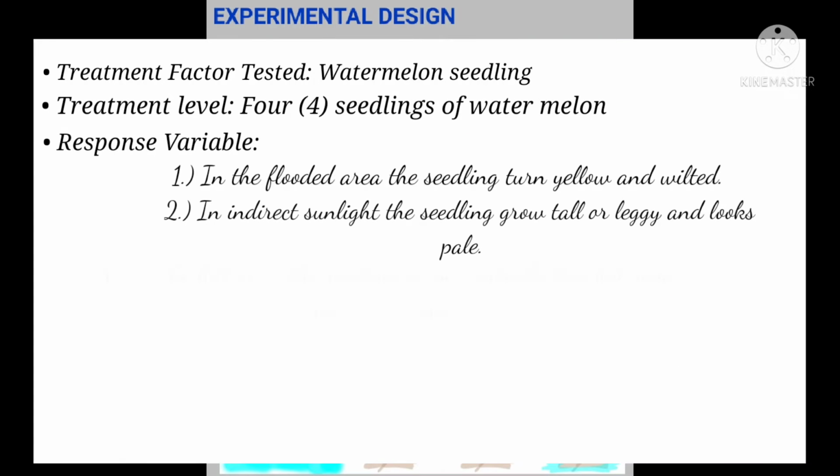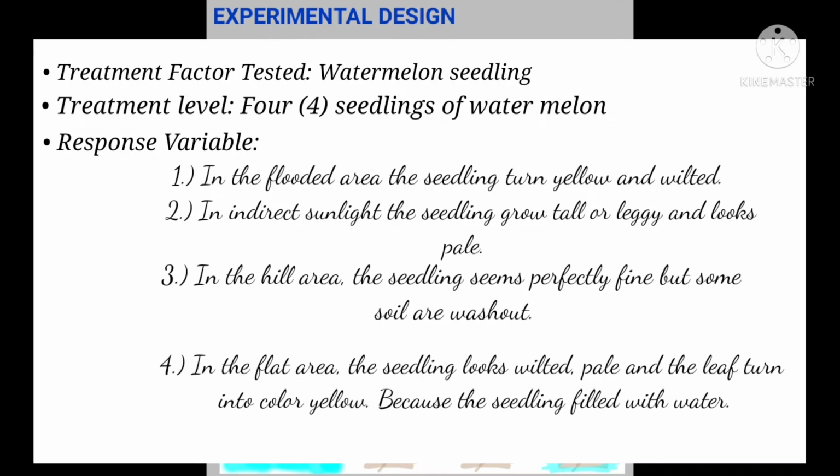Next, the treatment factor tested is the watermelon seedling. Next, the treatment level is the 4 seedlings of watermelon. Next, response variable. First, in the flooded area, the seedling turned yellow and wilted. Second, in indirect sunlight, the seedling grows tall or leggy and looks pale. Third, in the hill area, the seedling seems perfectly fine but some soil is washed out.